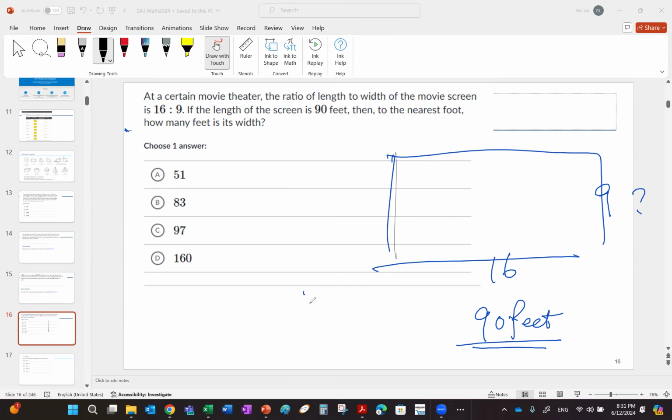So it's a ratio, right? 16 over 9, and here is 90 feet. So what would this be? You can get the answer. It will be 81 over 16, right?